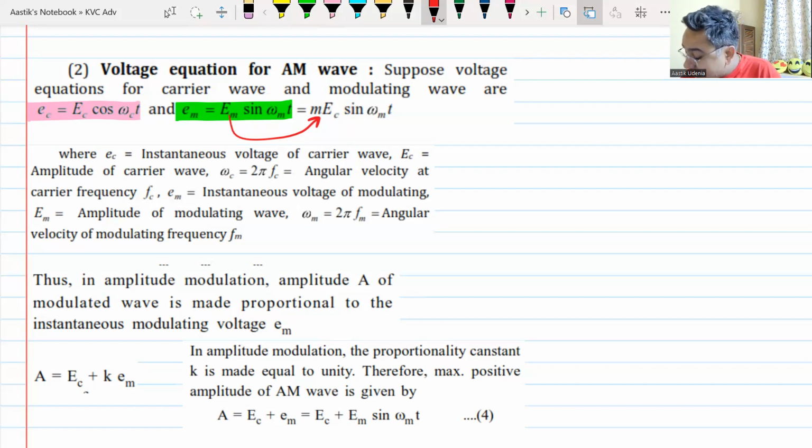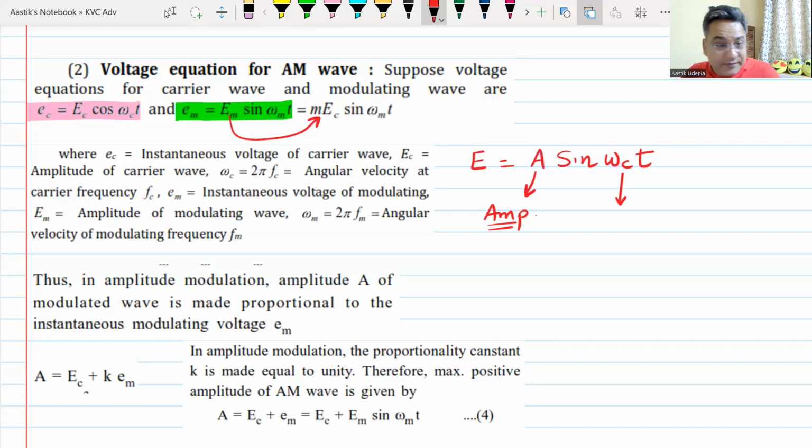If I have to write the value of this wave, I can write it as A times sine of omega c into t. What is this A? This A will be the maximum amplitude of the AM wave, and this omega c is the angular frequency. Remember, the angular frequency of this AM wave is the same as the carrier wave.